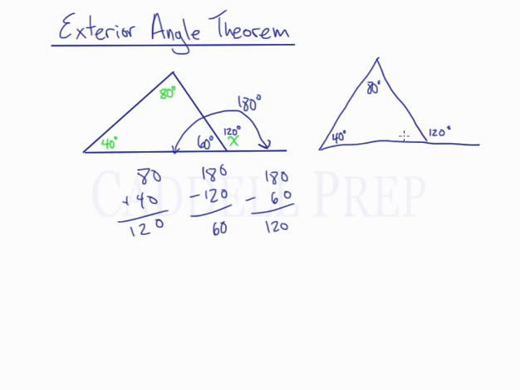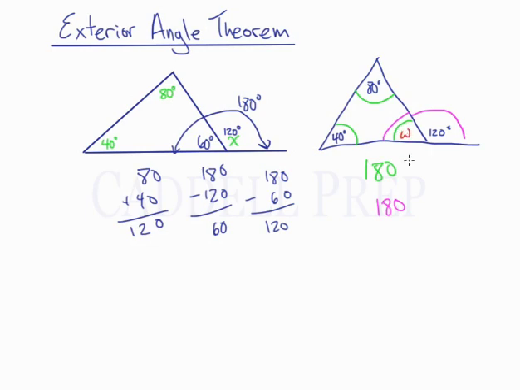So let's look at this angle here. We know that this angle plus this angle plus this one has to add up to 180. And likewise, this angle plus this angle has to add up to 180.